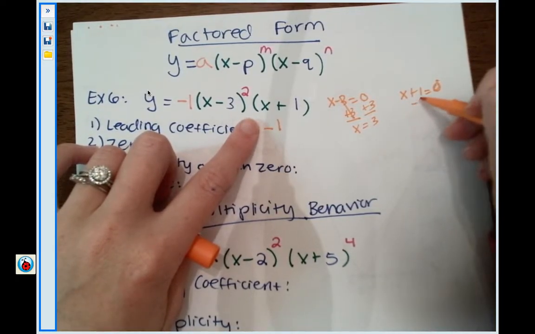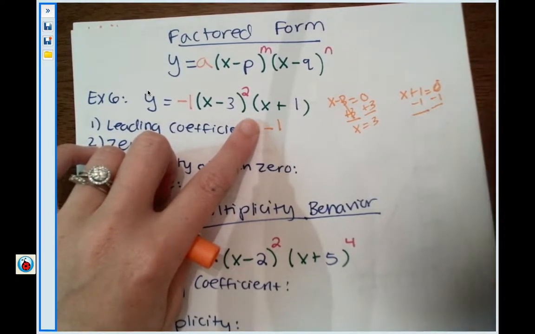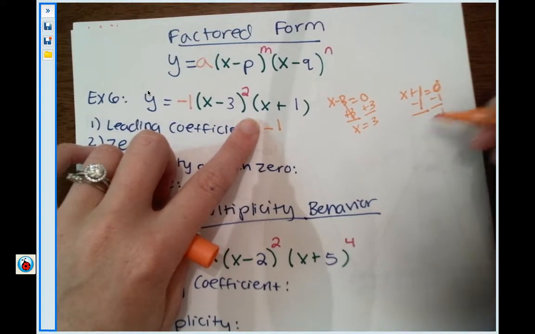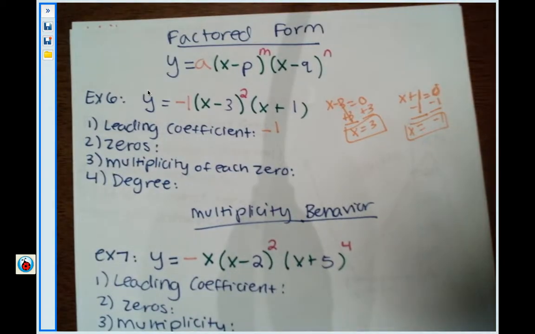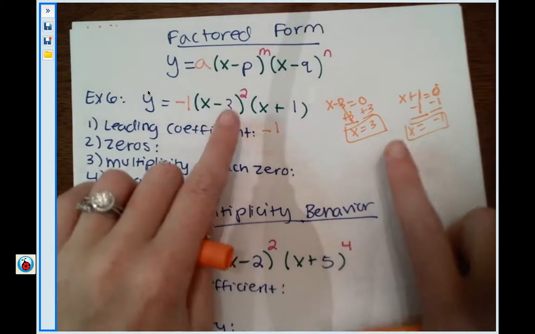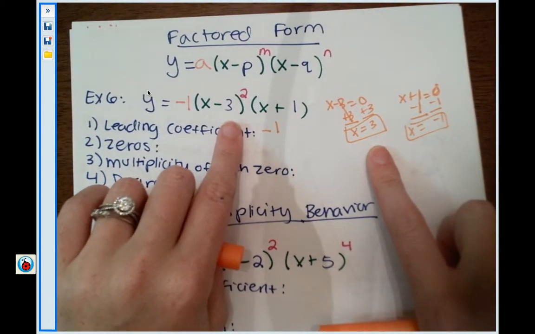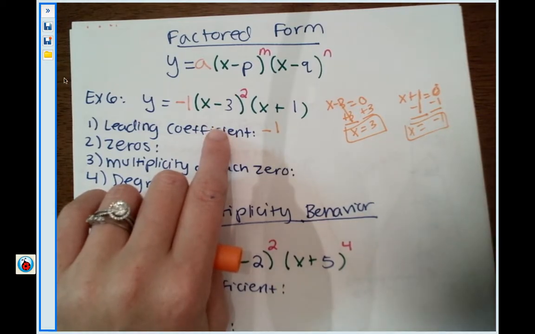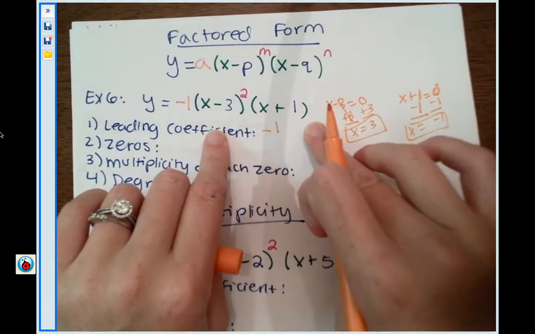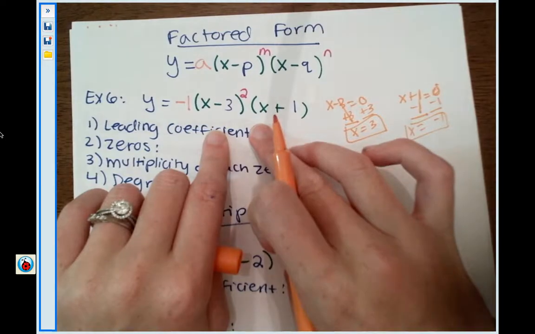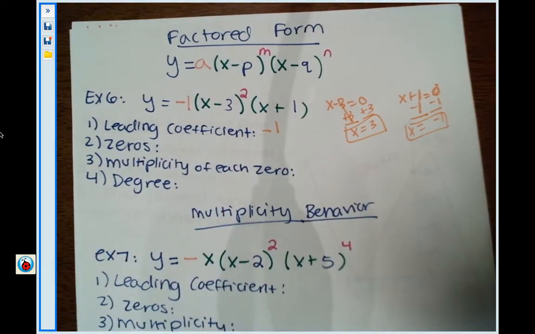And on this one you'd subtract the 1 on both sides, which would cancel out and that would turn to negative 1. So you could sit here and do that, but the shortcut is, if you notice, these are just the opposite signs. So whatever's in the parenthesis in your factored form, just change the signs and you have your zeros.